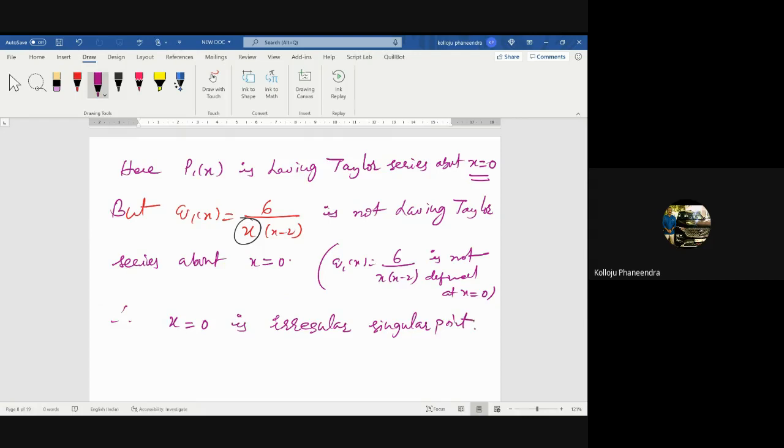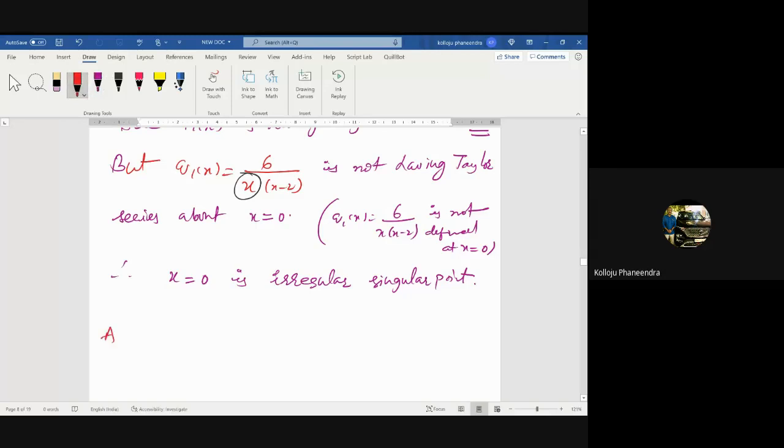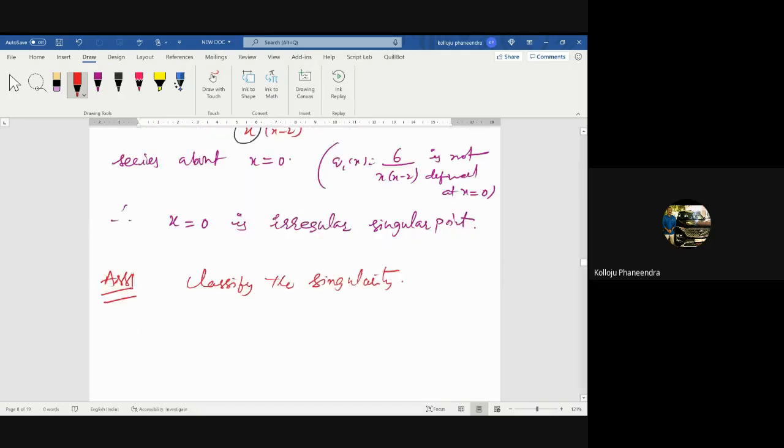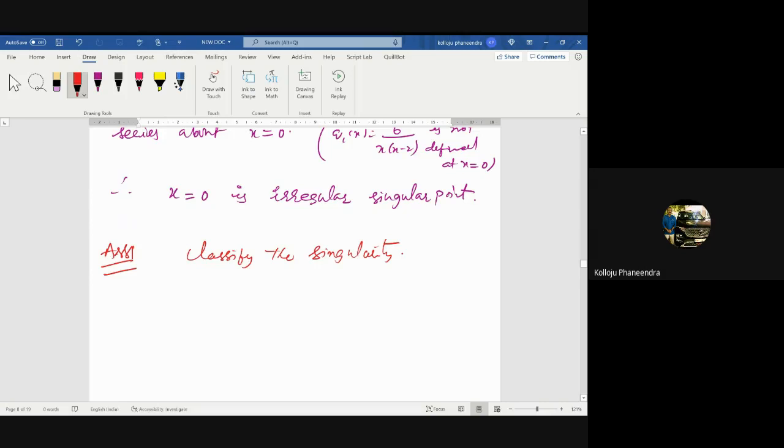Irregular singular point. Now, take this assignment: classify the singularity. Only 2 problems I have taken now.